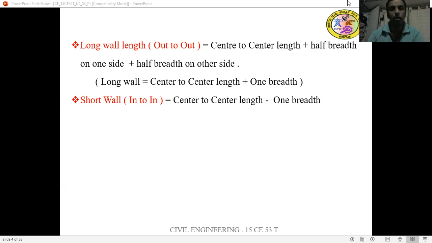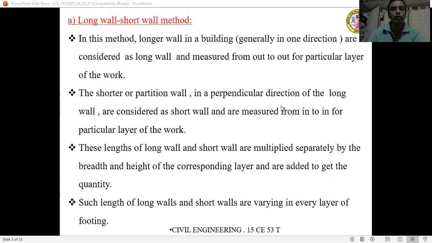The long wall length is normally measured with the symbol plus one breadth. Here in the short wall case, it is minus one breadth. Now, some of the steps which are commonly adopted in finding the long wall and short wall method.